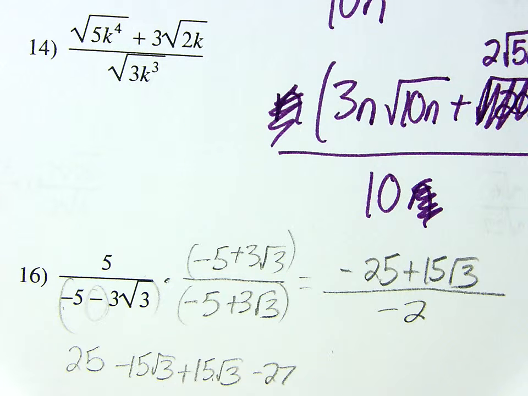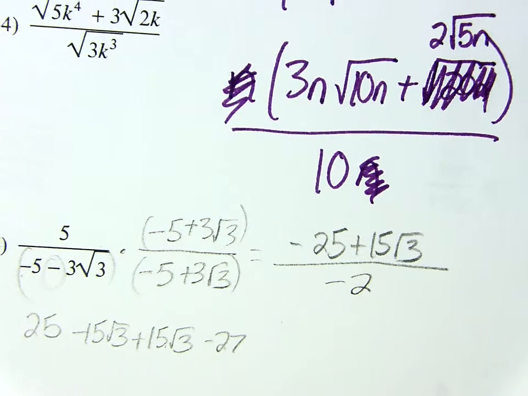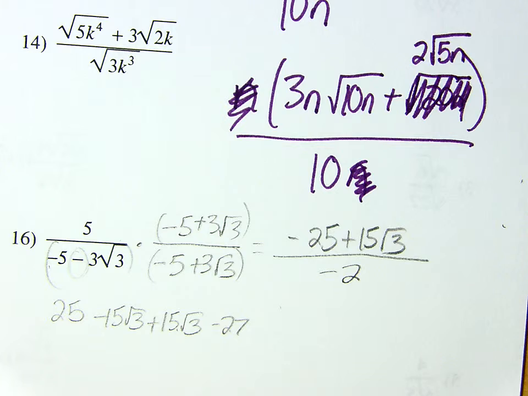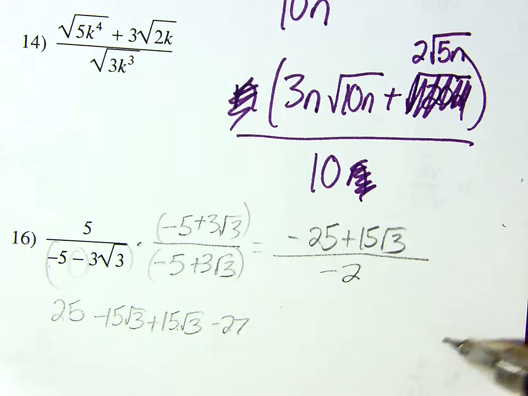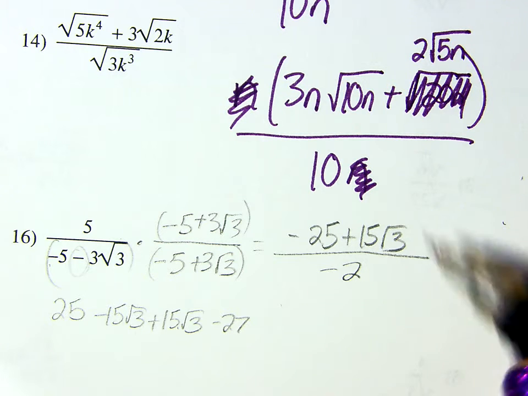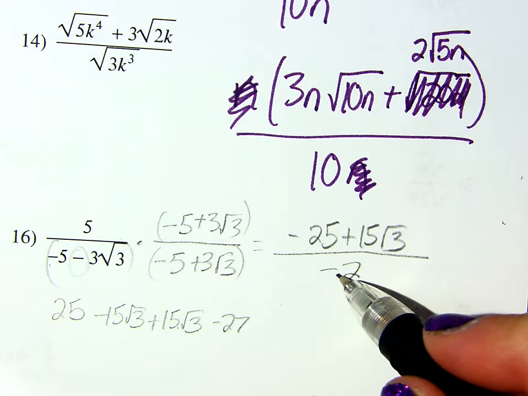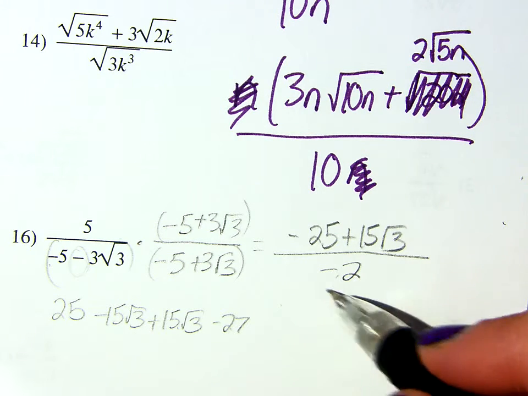Did you get the same thing I did? One thing that I just want to point out to you, if this were a test and you gave me that answer, totally fine for me. If it were multiple choice and you didn't see this answer exactly as it is, what sometimes people will do, since that's a -2, they'll divide both of these by the negative and get rid of it.